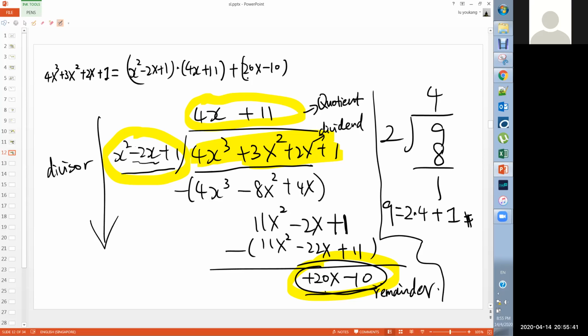Okay. By the way, if you look at your past year 10-year series, each concept, each topic will cover about 10 marks each. So it means each topic you will get 2 to 3 questions.